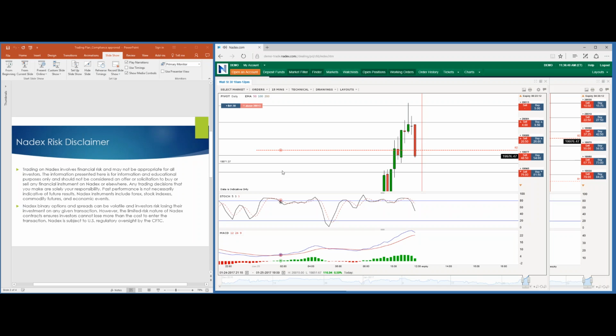And if we exit, what is the reason for the exit? Got to have a reason. Just because we got a profit here does not mean we can exit. We got to have a rule. What is the rule?